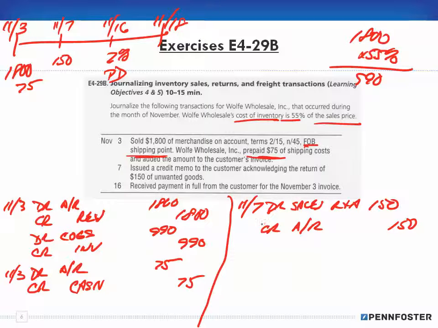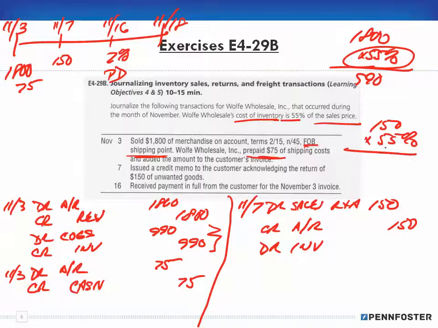Now, because we're returning it, we have to put the stuff back into inventory. So here's our inventory journal entry. That's just a reversal. I'll debit my inventory, but it's 55% of the sales price. If the sales price was 150 and I multiply that by 55%, that gives me $82.50.